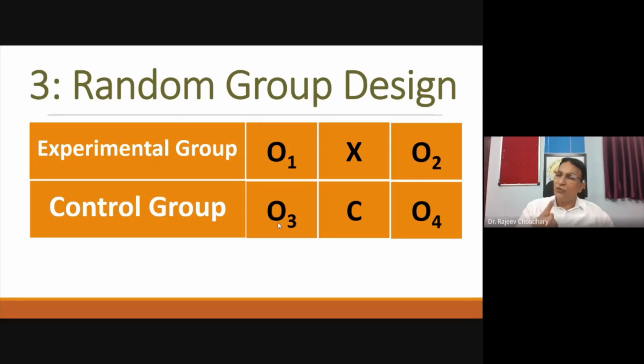Suppose, madam, you tried your level best. As per the random assignment, you distributed all the subjects randomly, but a difference exists. Initially, both are not equal. What will you say in that condition?